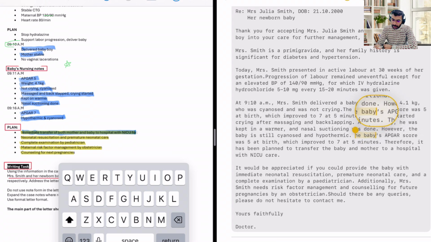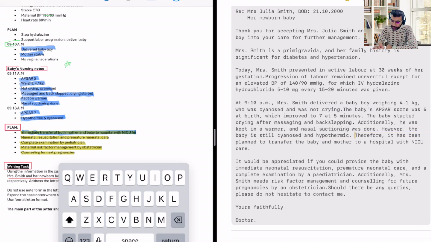This is repeated actually. However, the baby is still cyanosed and hypothermic. Therefore, it has been planned to transfer the baby and mother to a hospital with an ICU care.